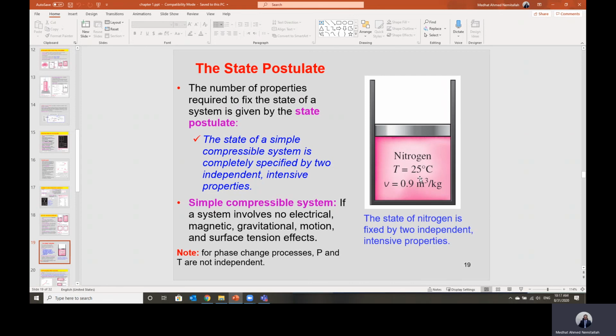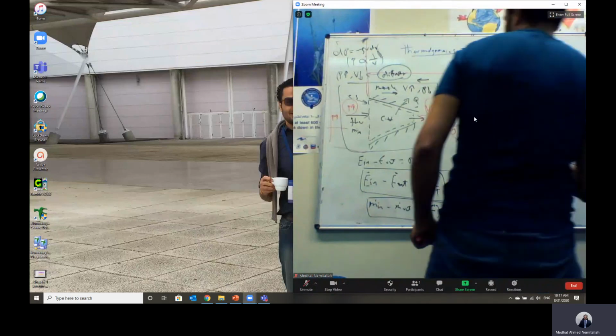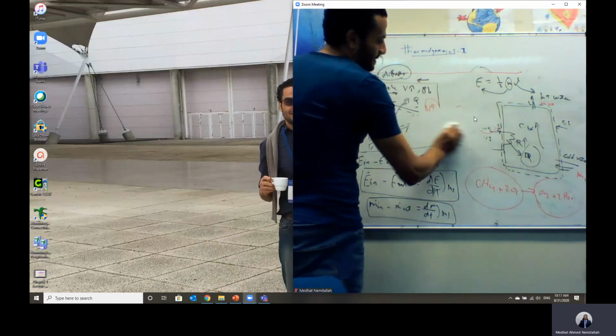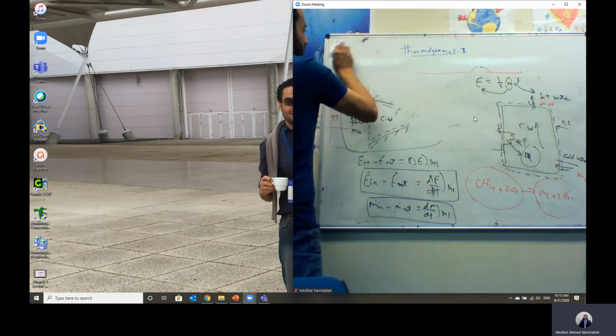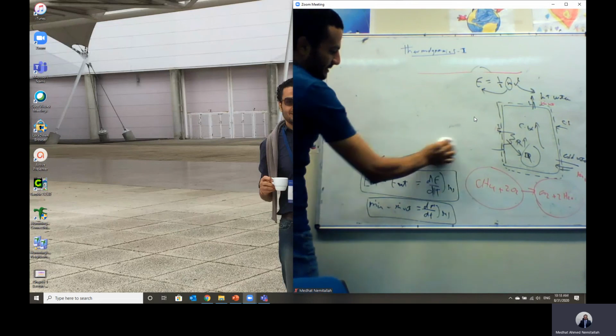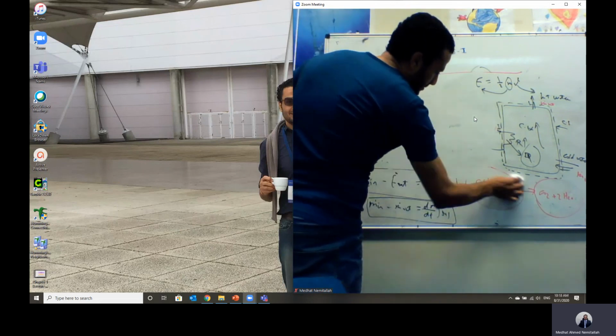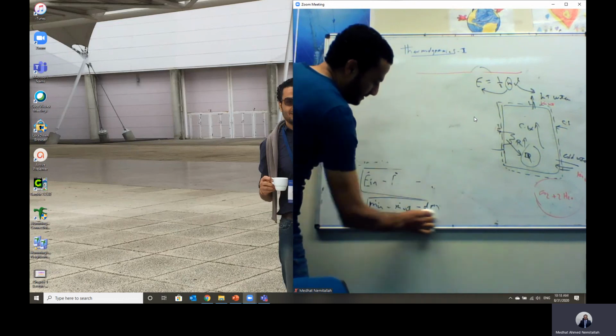Okay? But what does independent mean? We said two independent and intensive properties. Let me give you an example about the independence of properties. This example is during a phase change process. During the phase change process, I cannot define the state of the system by giving the value of pressure and temperature, because pressure and temperature in this case are not independent.